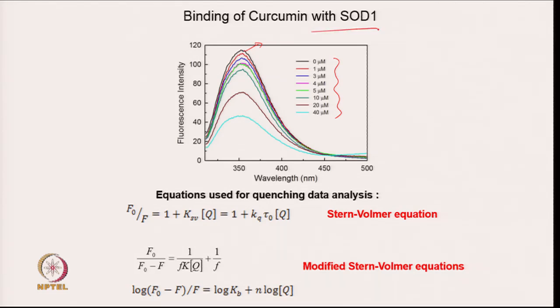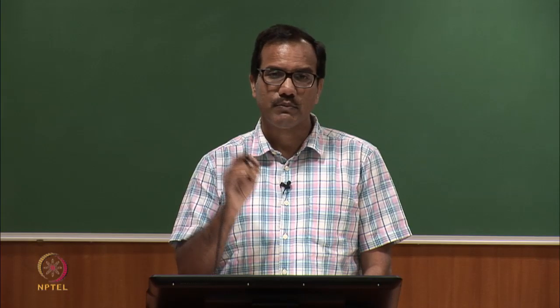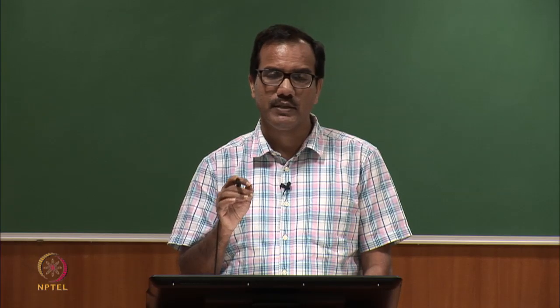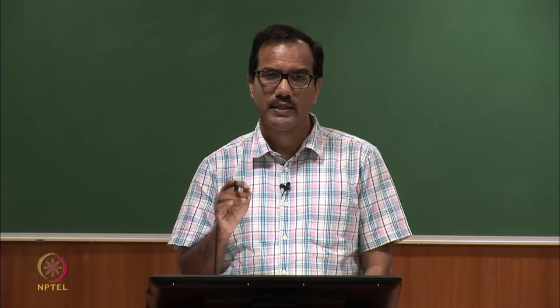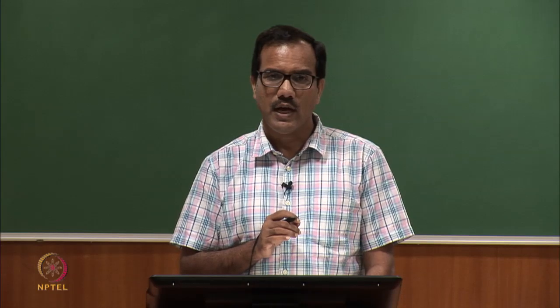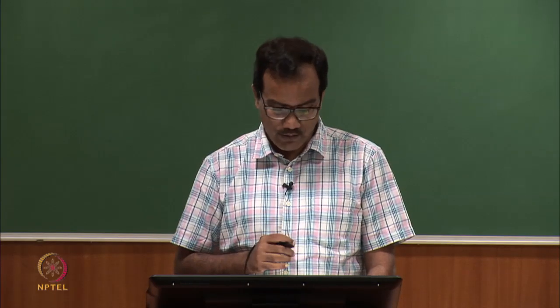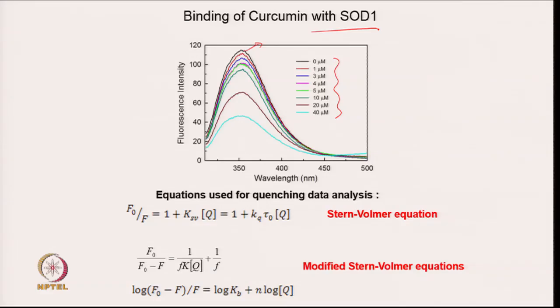And here we applied the equation which we derived when discussing static quenching, the Stern-Volmer equation, F naught by F is equal to 1 plus Ksv into Q.